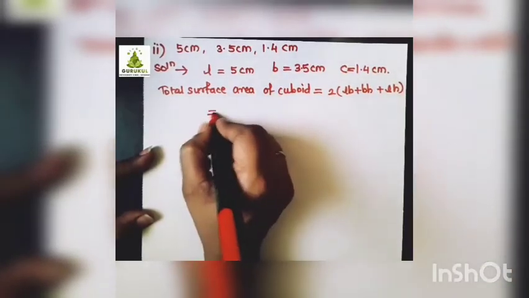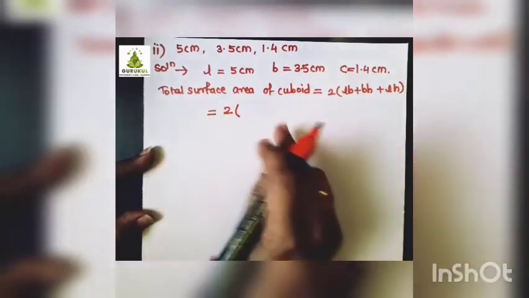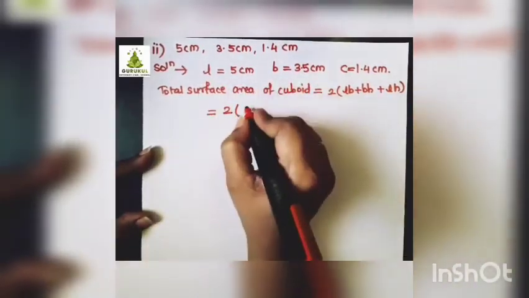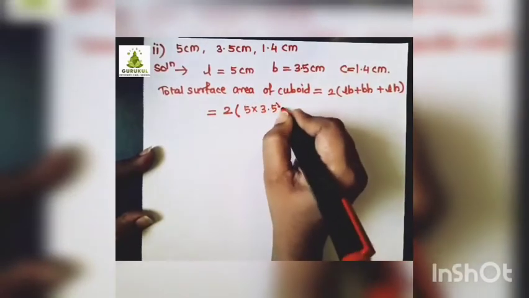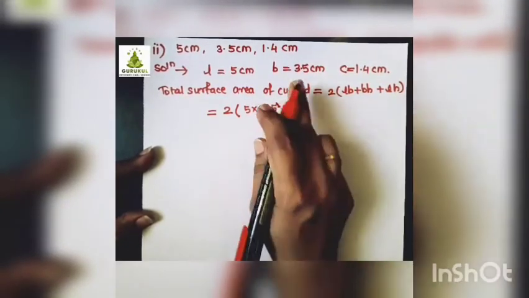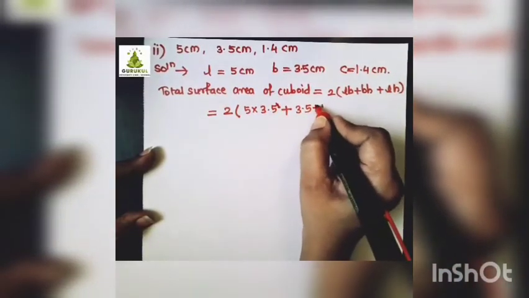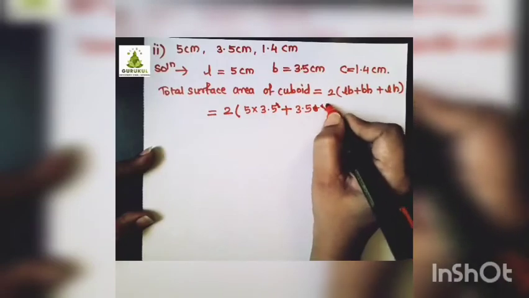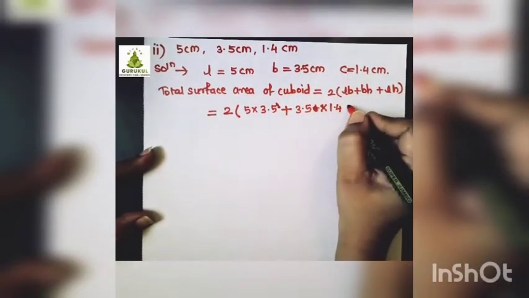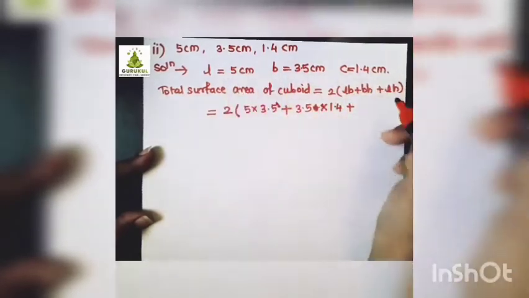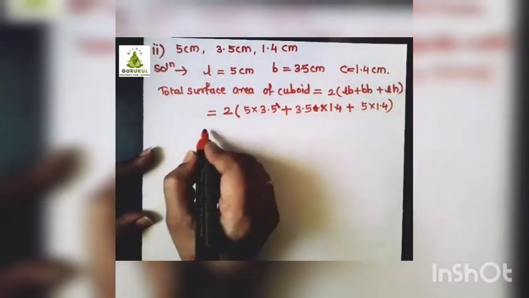Okay, here I will write so that it will be easy to locate. L into B, so 5 multiplied by 3.5, plus B into H, 3.5 into 1.4, plus 5 into 1.4.